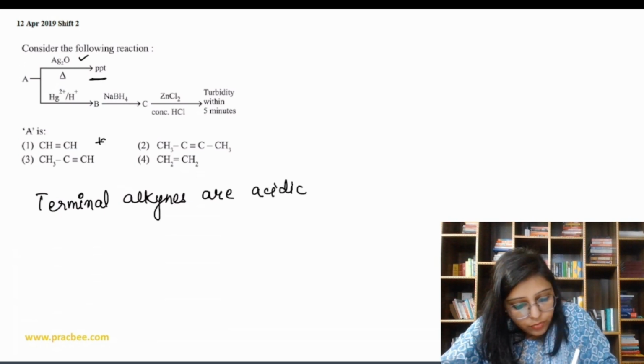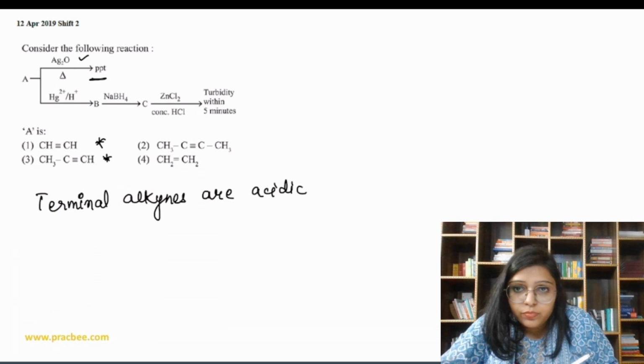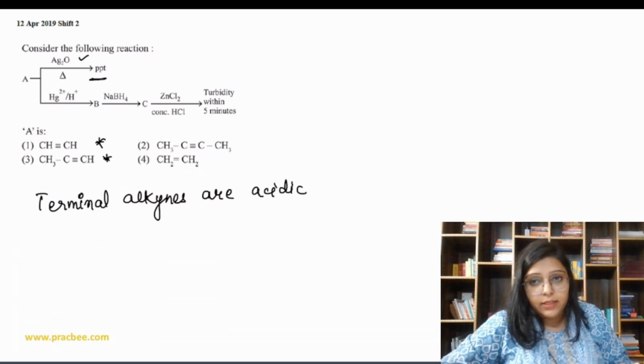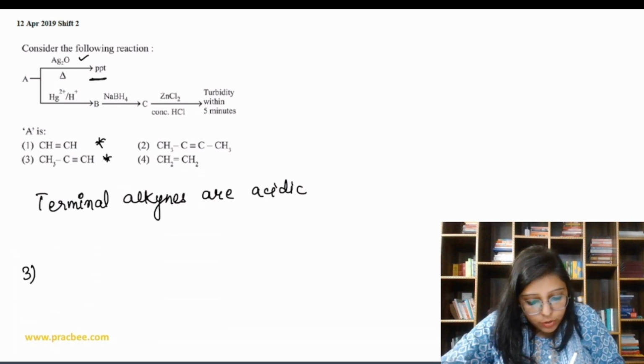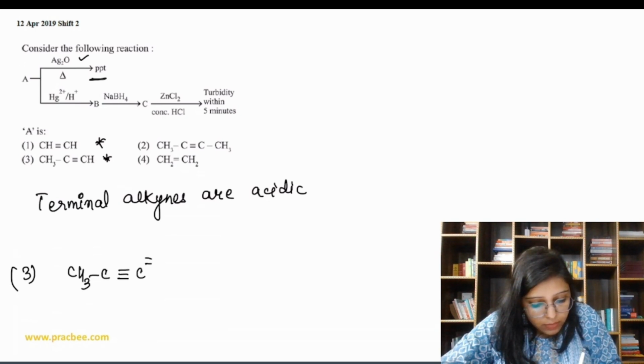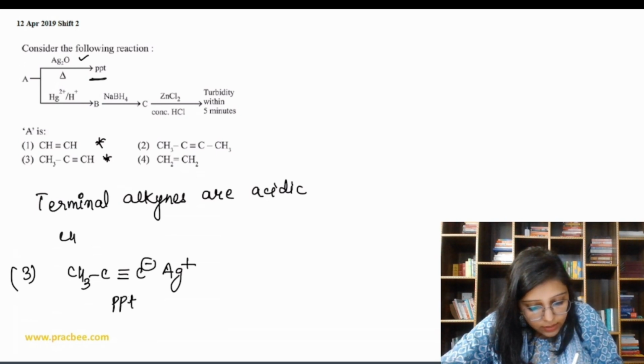So we have option 1 and option 2. If we take option 3, we get CH3C triple bond C minus, and here we write Ag plus, which gives a precipitate. On reaction, if we have this CH3C triple bond CH, with Ag2O and heat.